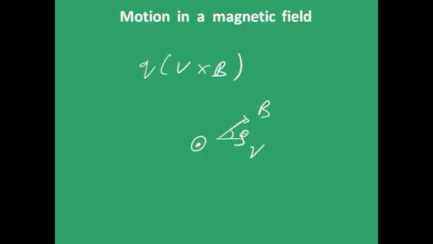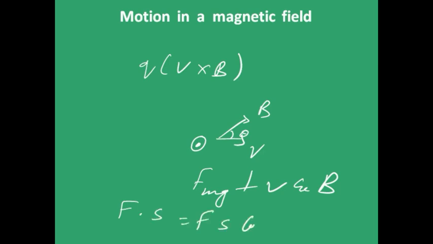Now you see that the magnetic force is perpendicular to velocity as well as magnetic field. Now why am I bothered about this? Because the work done by any force is given by the dot product of force and displacement. It is nothing but Fs cos theta, right?